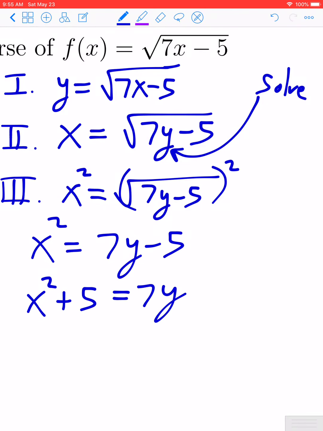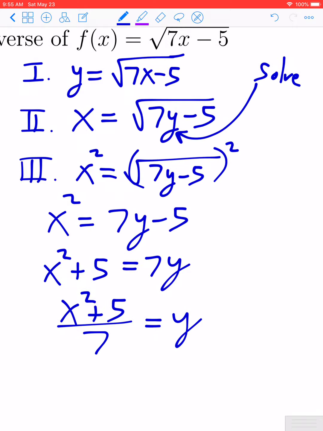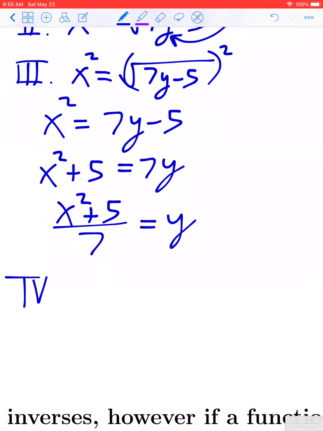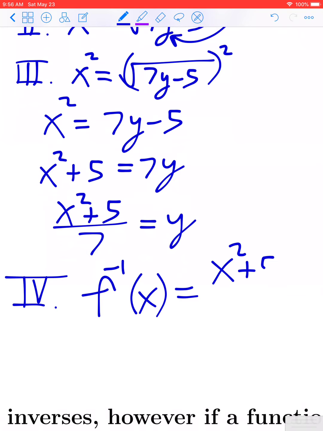We would get 7y equals x squared plus 5. And then the last step would be to divide by 7. So we get y equals x squared plus 5 divided by 7. And that's it. This expression, this y equals, is our inverse function. F inverse of x is equal to x squared plus 5 divided by 7.